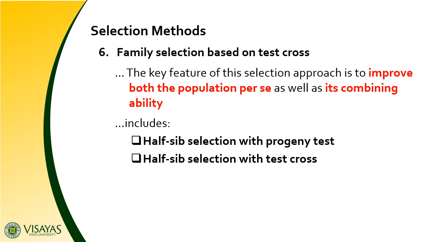Then you have full-sib selection with test cross. So the full-sib lines are selected based on the test cross evaluation using an inbred tester. And then you have here half-sib reciprocal recurrent selection. So the half-sibs are selected based on the test cross evaluation using an S1 plant tester.